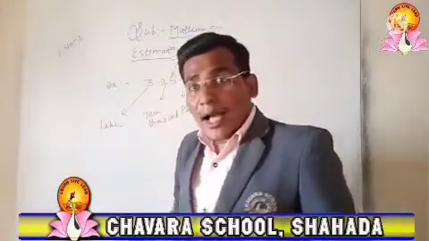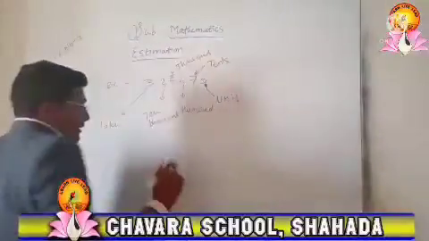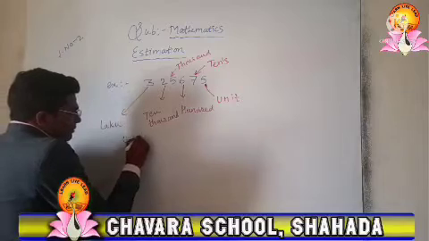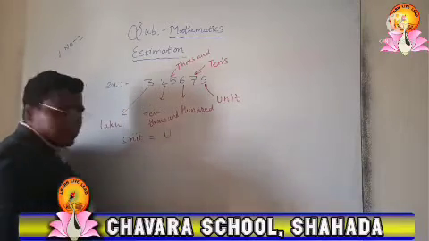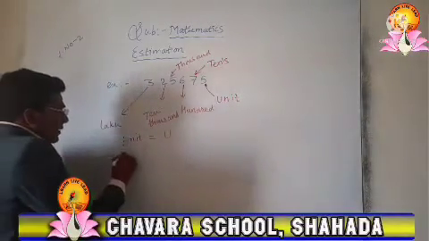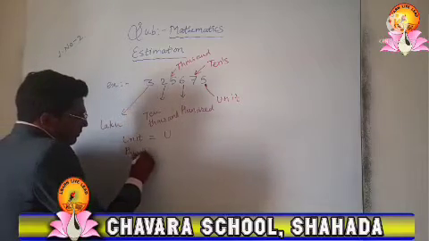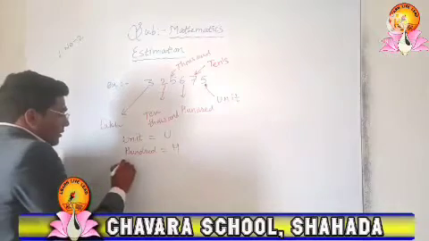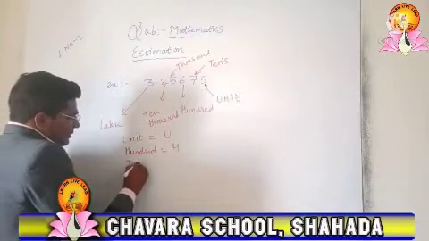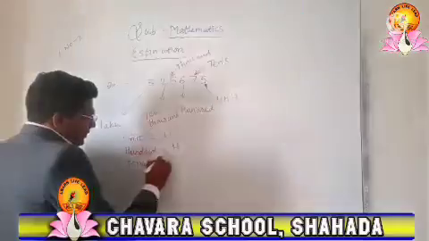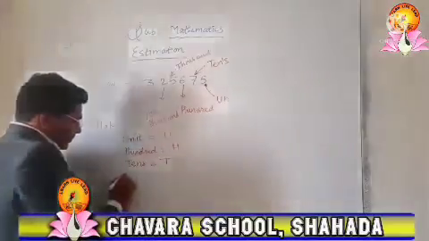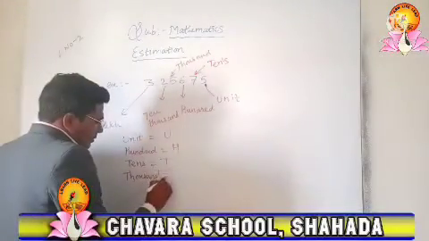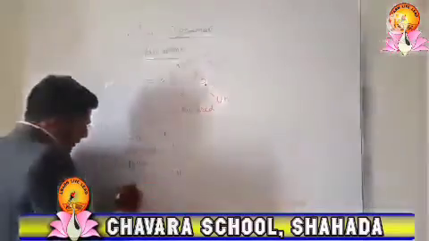And how are we representing them using symbols? The unit place we represent by U. The 100 place we represent by H. The tens place we represent by T. The 1000 place by TH.